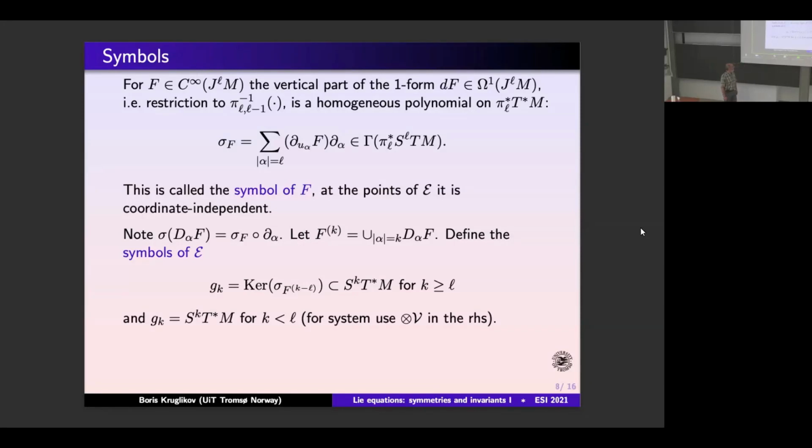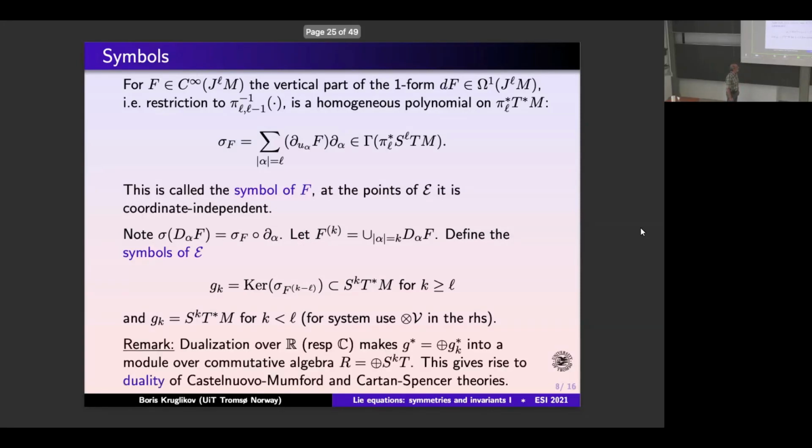That's when we go above the order of the equation. If you go below, there's no restriction, so just put g_k equal to everything. And if we have not one unknown function, but several, it will be something vector valued, so you tensor everything with the corresponding vector space, or tangent to this vector space if things are nonlinear.